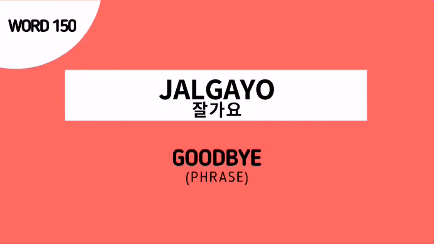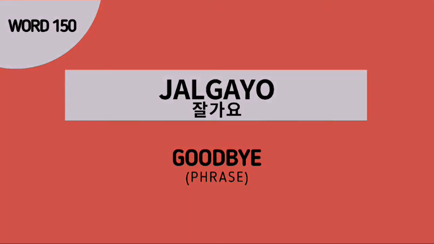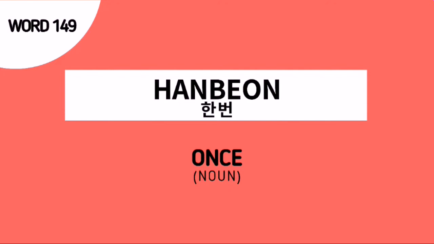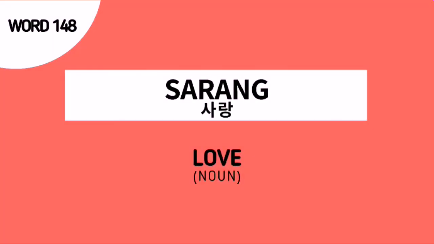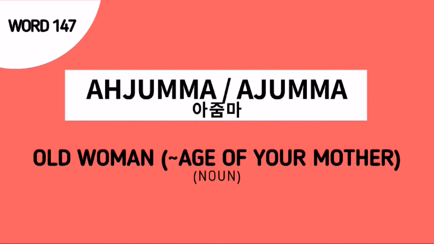Word number 150 is 잘 가요, and this is used to say goodbye or go well. Word number 149 is 한 번, and it means once. Word number 148 is sarang, and this is the Korean noun for love. Word number 147 is ajoma, and this is the Korean noun for an old woman.